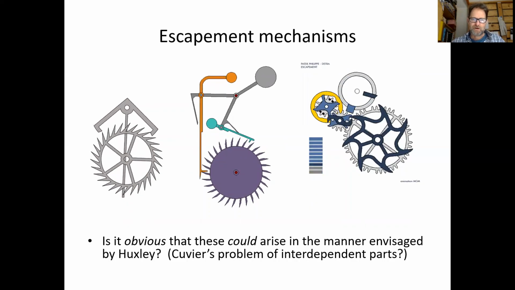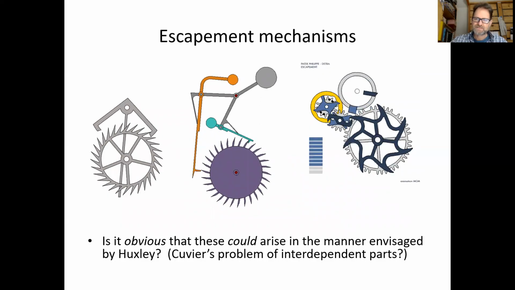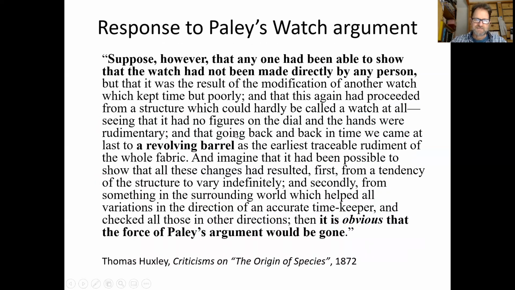I'm not sure it's obvious that this story that Huxley is telling about a series of contraptions that head towards a functioning clock, starting with just some simple revolving barrel, where each version is just a very slight improvement on the previous one.